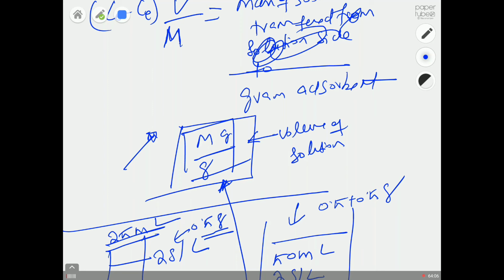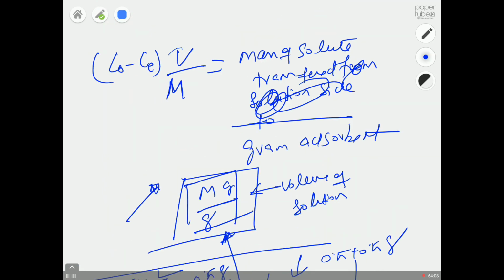So that's the point of multiplying by V divided by M. This cancels our volume, and this cancels our mass value.